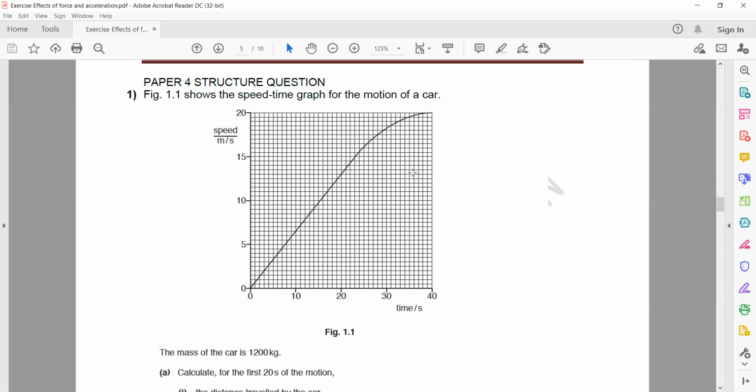Normally you will find in paper 4 the questions are interrelated, so it's not like a direct question about force and acceleration. It is related with different parts.